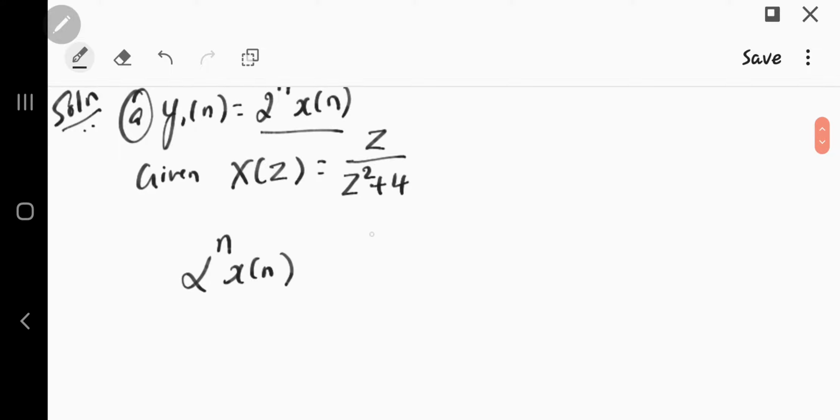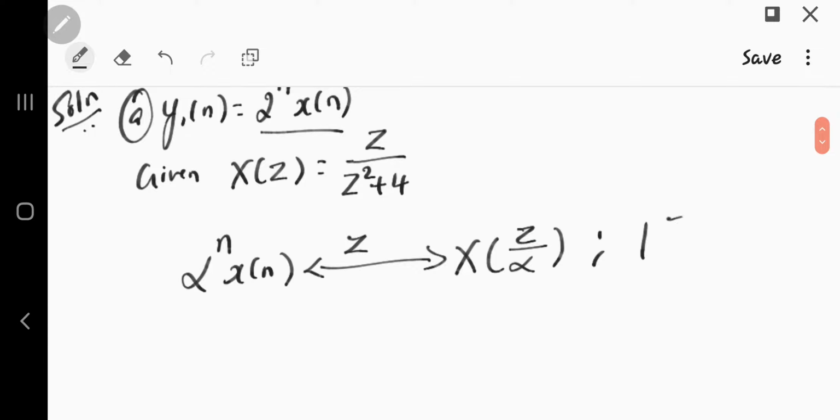If you go back to the properties of Z transform, it resembles the scaling property. The scaling property says if you have a signal like alpha to the power of n into x of n, then its Z transform will be x of z by alpha. So this is the meaning.